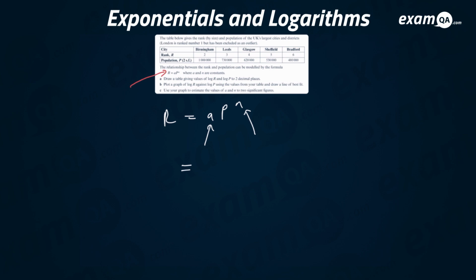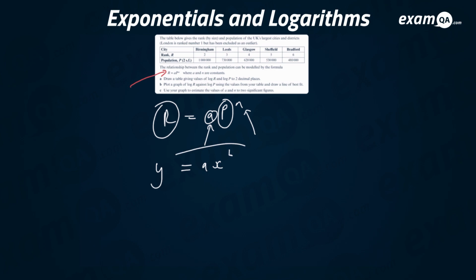So in other words, we kind of have that y equals ax to the power of b sort of equation, right? Because if a and n are constants, that must mean r and p are not constants. What's the opposite of constant? Is variable, right? So they're variables, just like y and x.